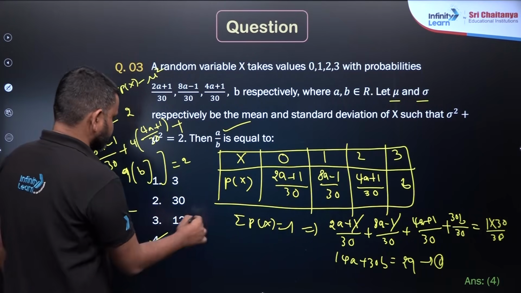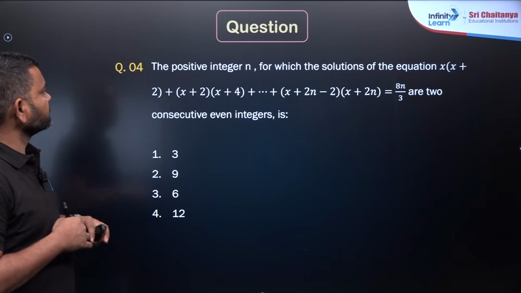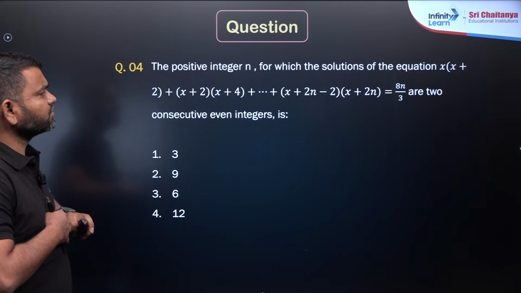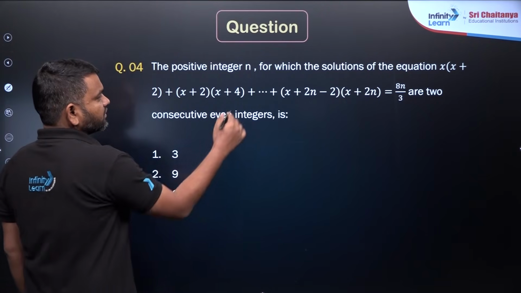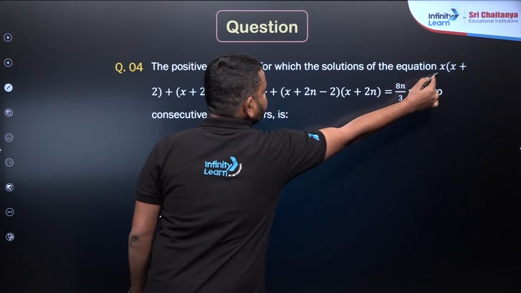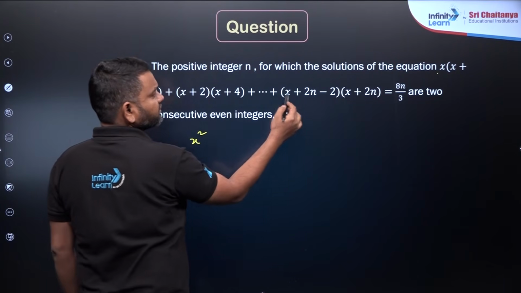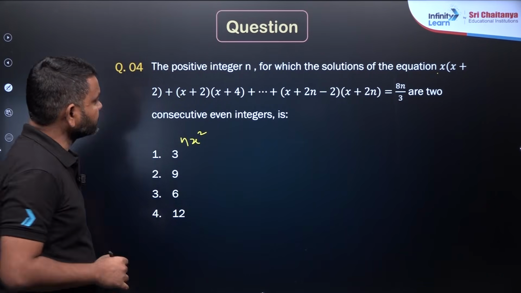So your answer needs to be equal to 60. This. So the positive integer n for which the solution of this is equal to 8n by 3. So children, the x square coefficients, if you see, here we are getting 1, here 1, here 1, goes on up to n terms. So this is n x square, n times.